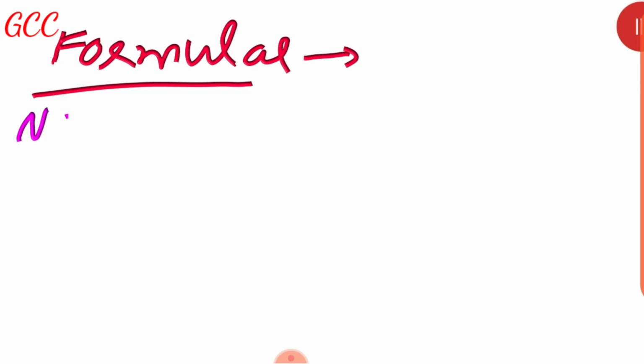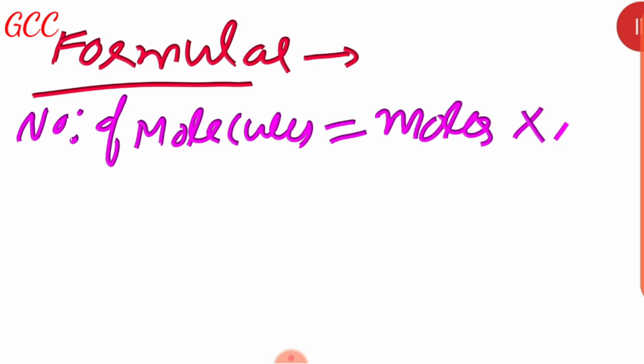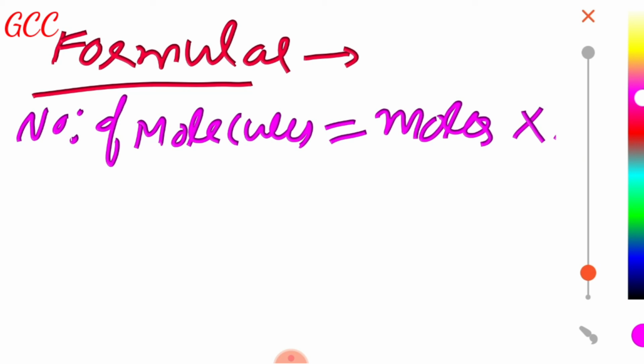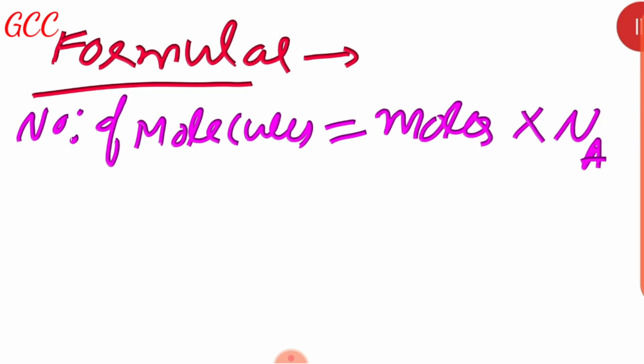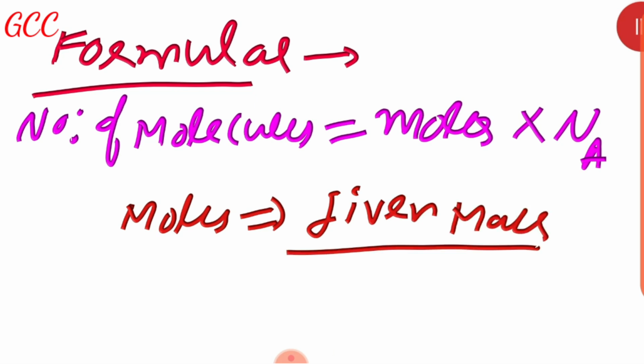Just remember one thing, the number of molecules is equal to moles into Avogadro's number. Now what is the formula of moles? How will we find moles? Moles is always equal to given mass upon molar mass.